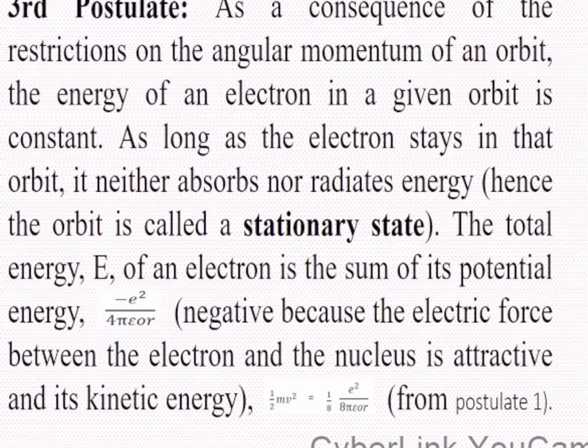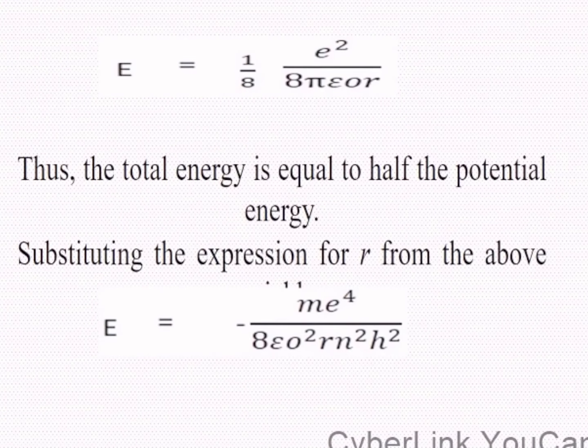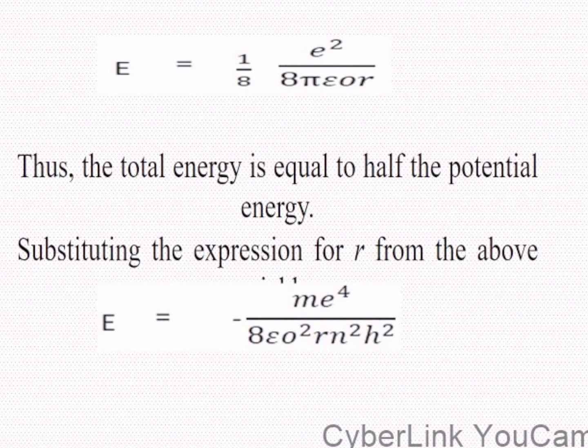Now from postulate 1, we have the kinetic energy equal to e squared over 8 pi epsilon r. So the total energy is equal to half the potential energy. Now substituting the expression for r from the above, we have E equal to m e to the 4 over 8 epsilon squared n squared h squared.